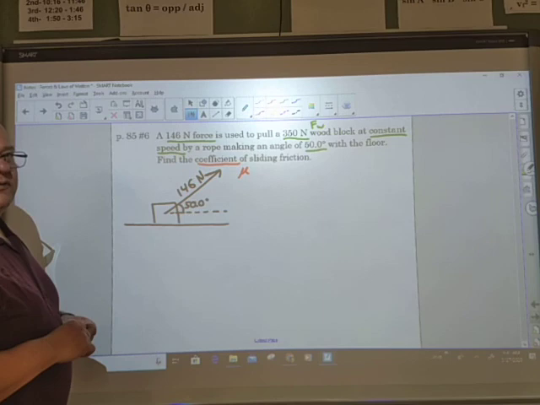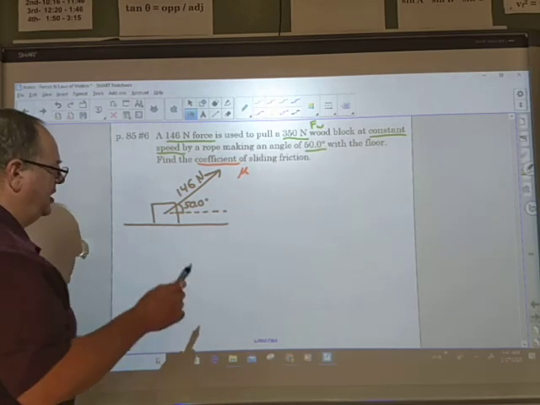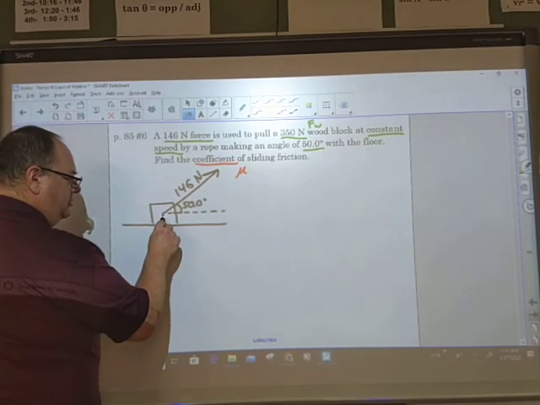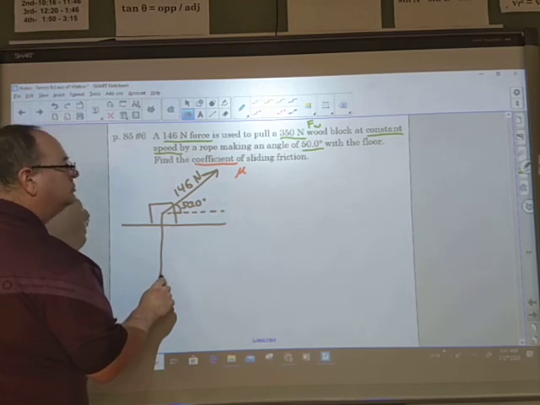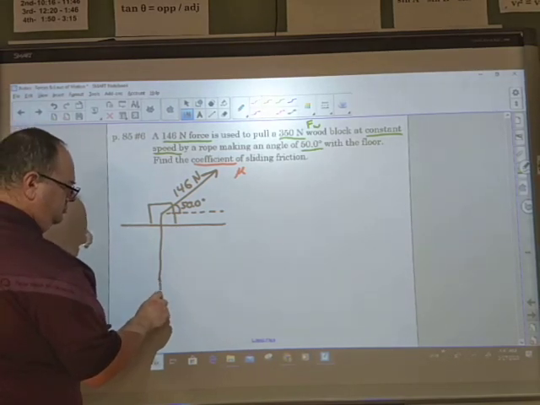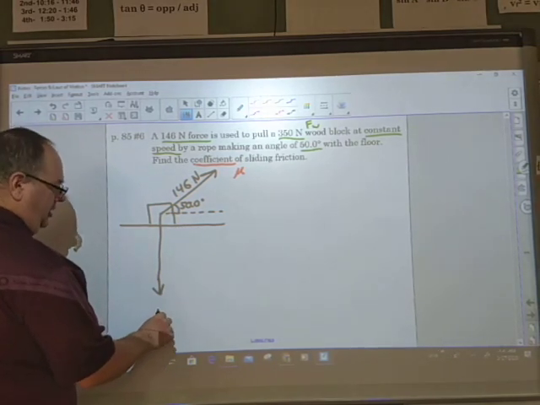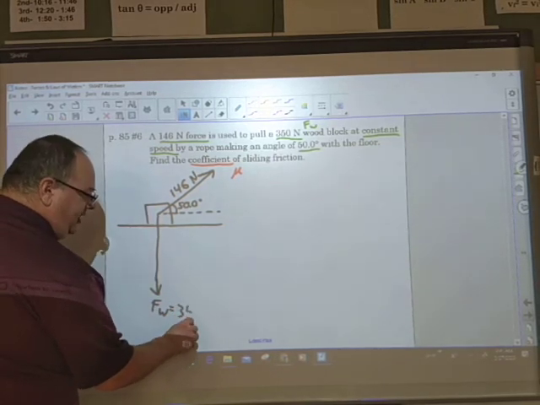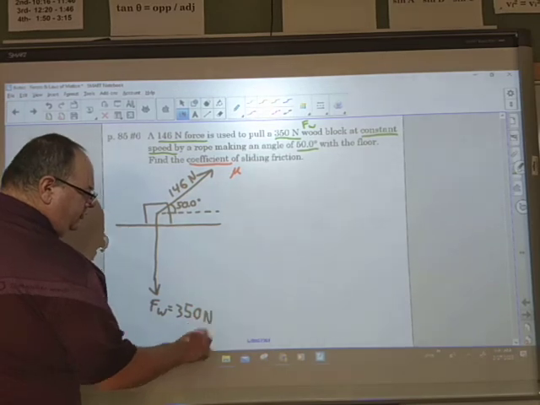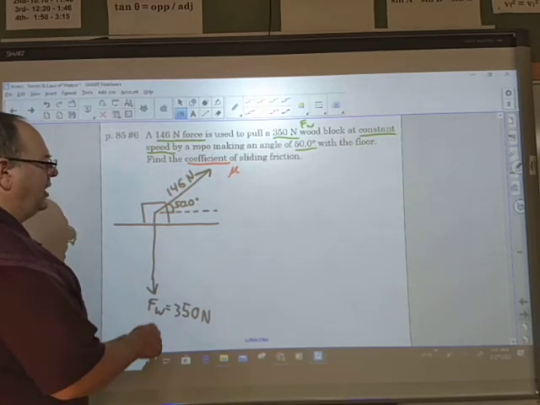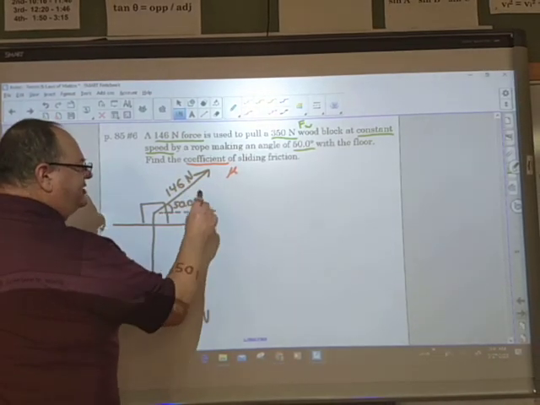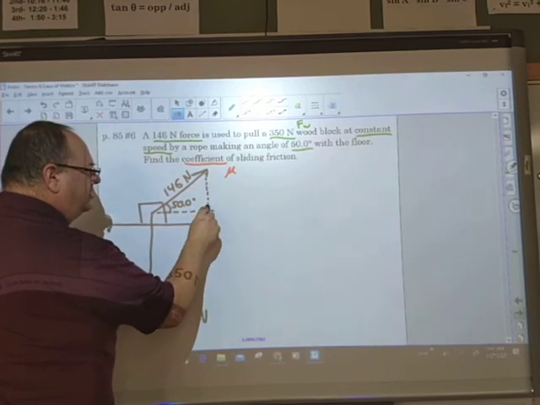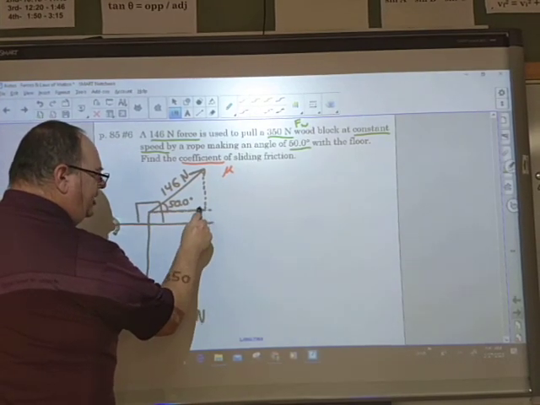I need to draw in my other forces. Okay. The weight is 350 newtons. Now, of this force, part of it is going this way.